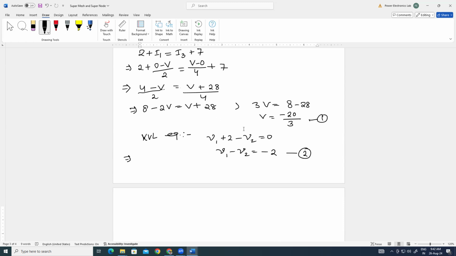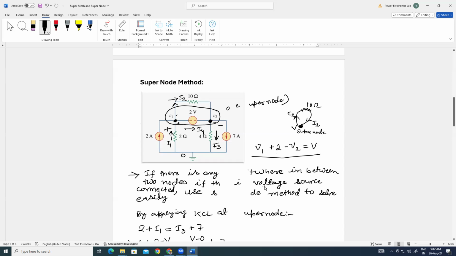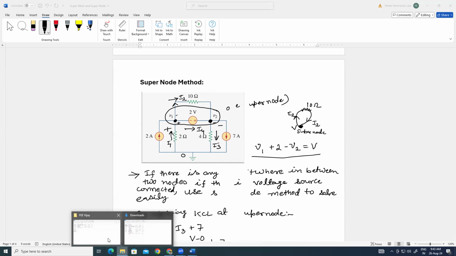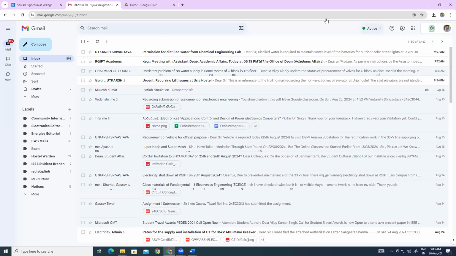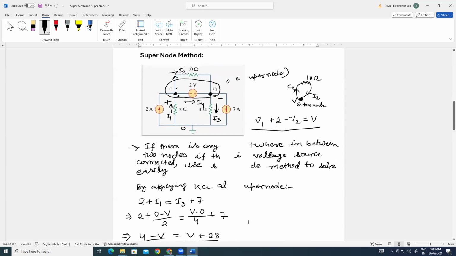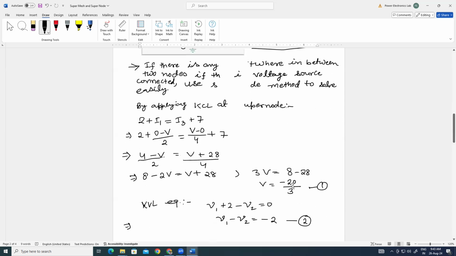This is our equation number 2. So we have V is equal to minus 20 by 3, and V1 minus V2 is equal to minus 2.